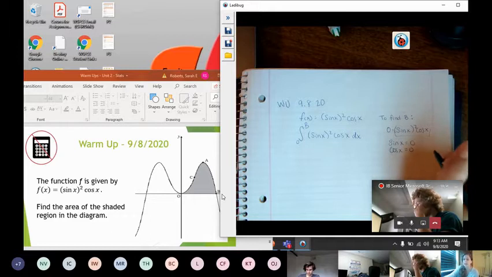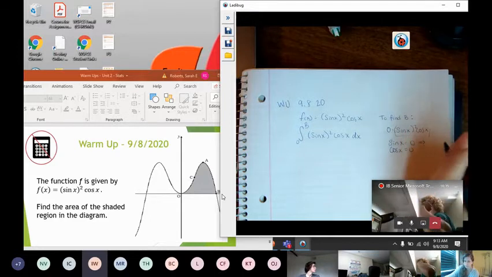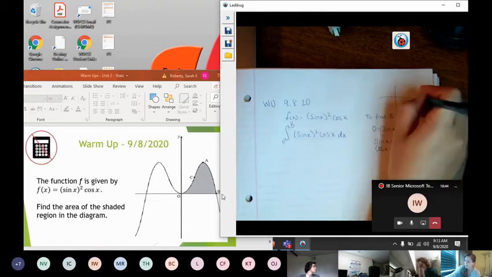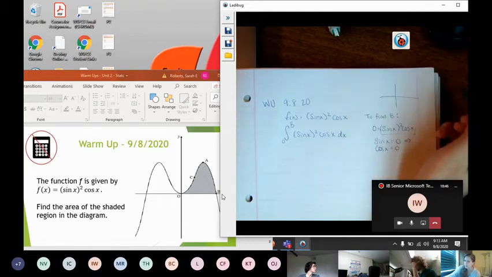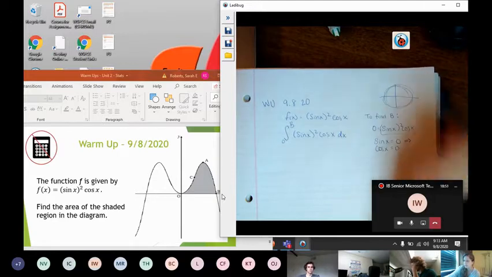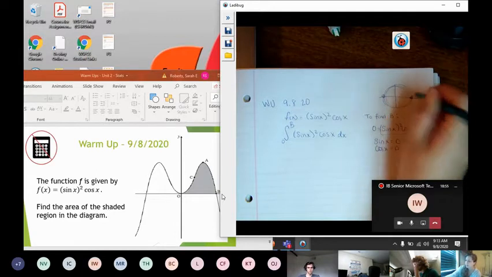Okay, so when is sine 0, Izzy? Sine is the y value. So on our unit circle, when is my y value 0? At 0 and at 2 pi. Yeah, 0, pi, and 2 pi.